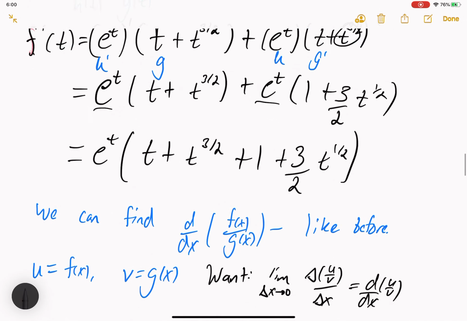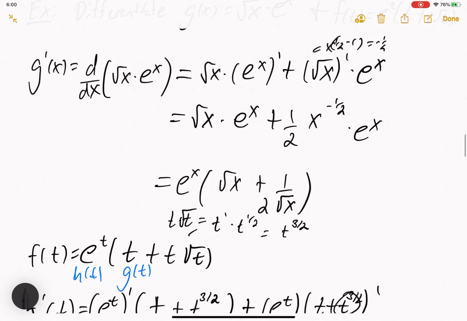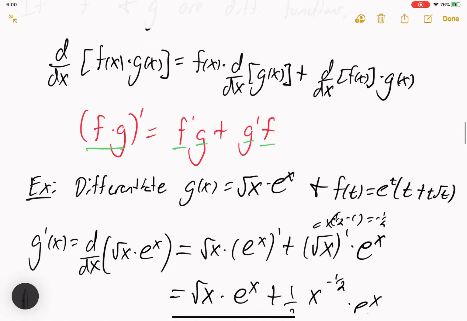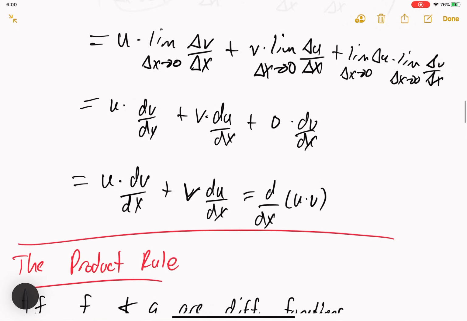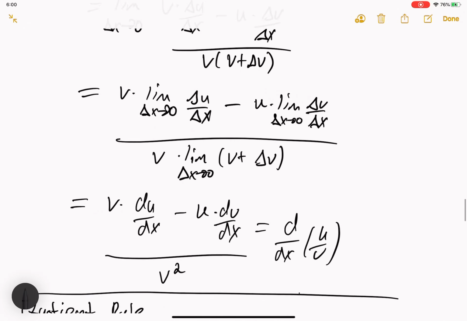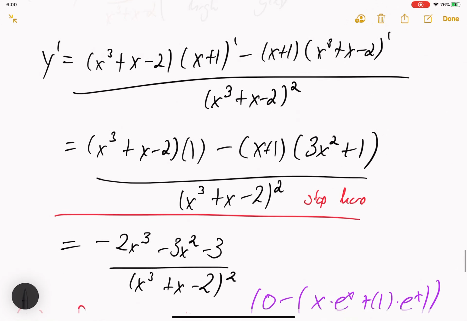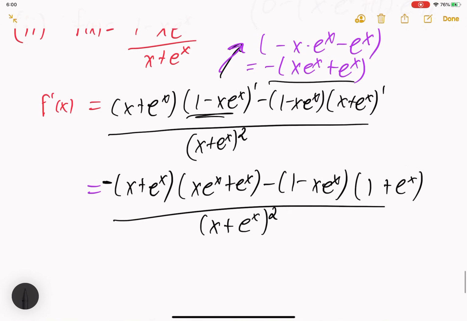I would recommend taking it slow, and maybe finding a way for yourself to memorize the product rule and the quotient rule, because they can be a bit tedious at first. And I wouldn't want you to spend a lot of time trying to remember things.